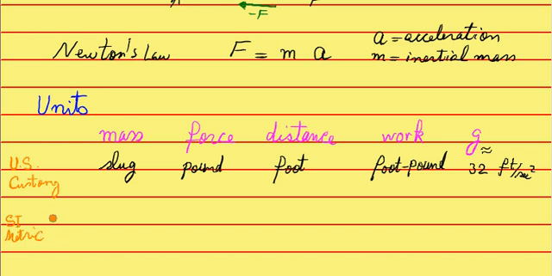One of them is called MKS, that refers to meter, kilogram, second. There's another version of it which is CGS, that is centimeter, gram, and second. Well, the unit of mass in this system is kilogram.